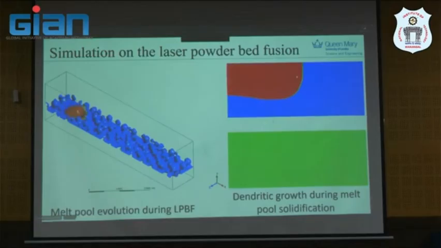And also in this case, we can see the melt pool and the dendritic grain growth during the melt pool solidification. And we can also see the metal segregation during the melt pool solidification.